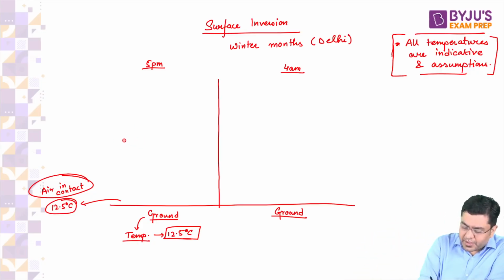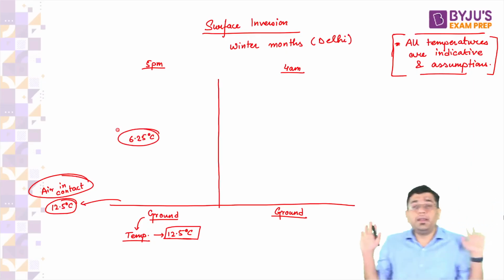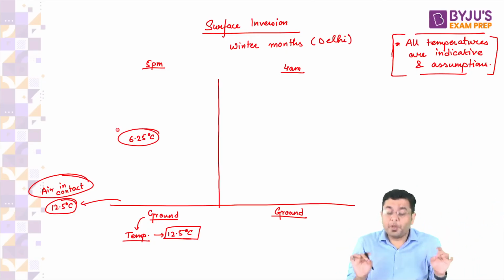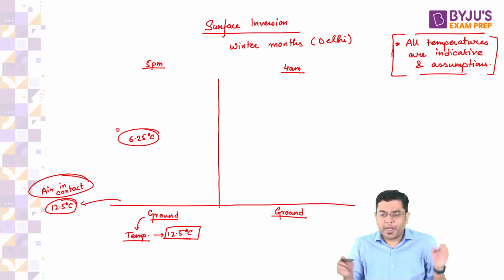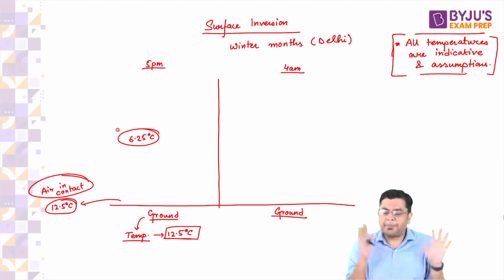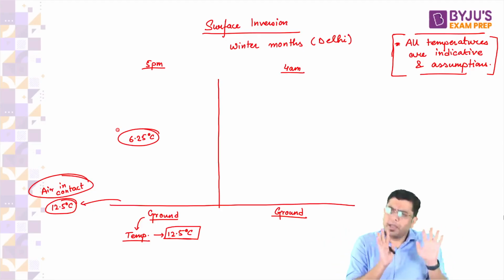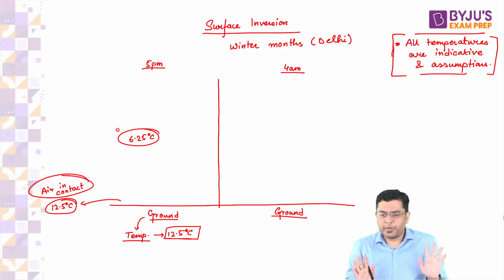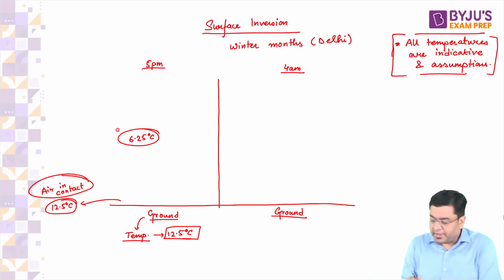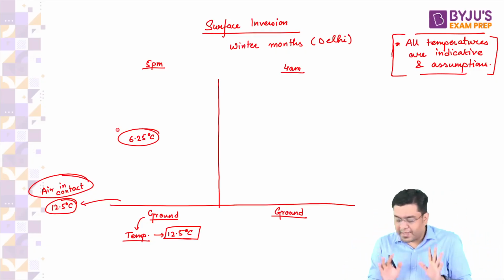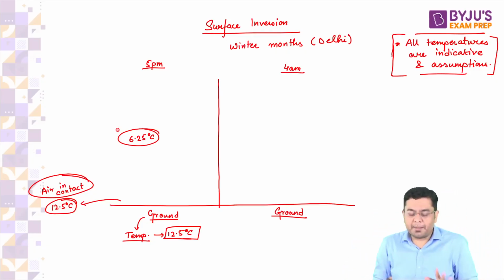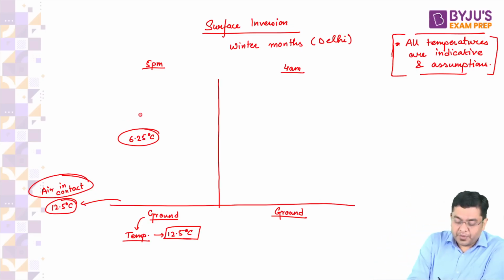Let's suppose the temperature here is 6.25 degrees Celsius. Again, an assumption. It is purely an assumption. Okay, it has got nothing to do with the lapse rate that we have calculated. Assumption that it reduces. Okay, yes, 12.5 is an example. All of these are examples. Now, this is your assumed temperature at a height.